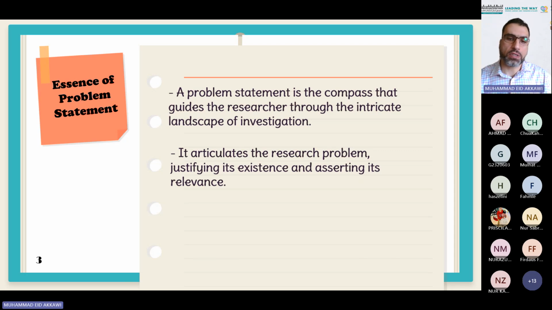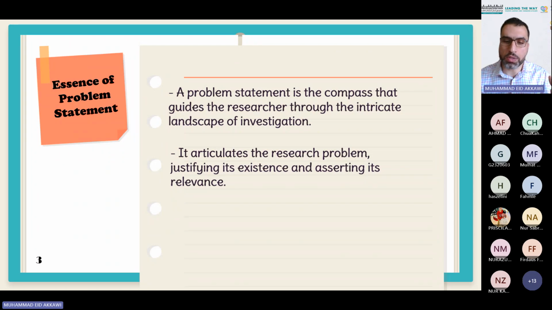Then justifying its existence. It's here referring to the research. So you justify why it's important to conduct your research. And again, it's asserting its relevance. Relevance to what? Relevance to the context you provide at the beginning. So of course, you will start with the background, usually the introduction in your proposal.